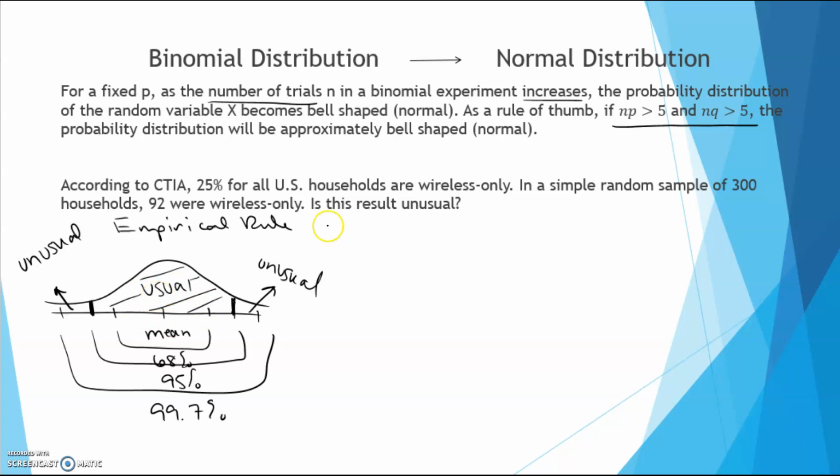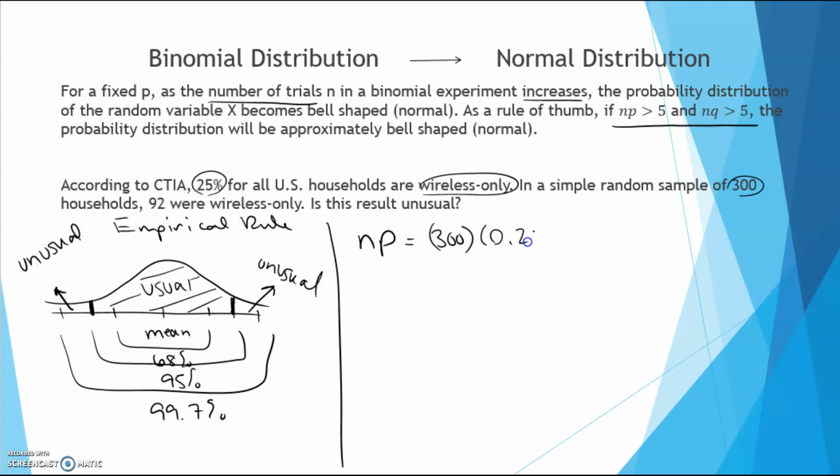So first thing that we need to do is to check, is N times P greater than 5? Okay, so our N is 300. Probability of success is getting a wireless-only household, which is 25%, so 0.25, times 300 is 75, okay, that one is greater than 5.